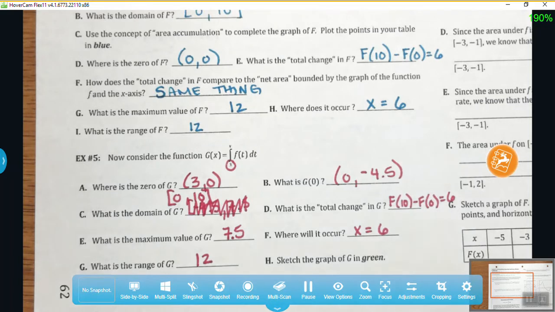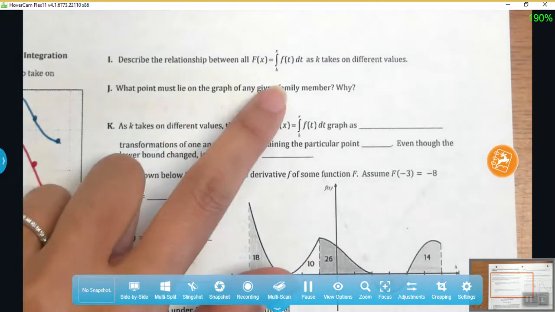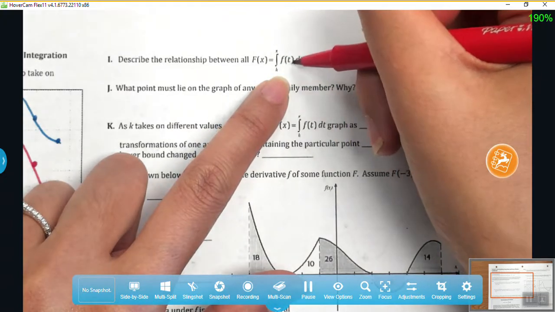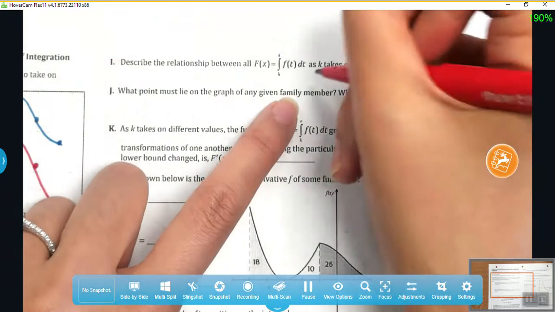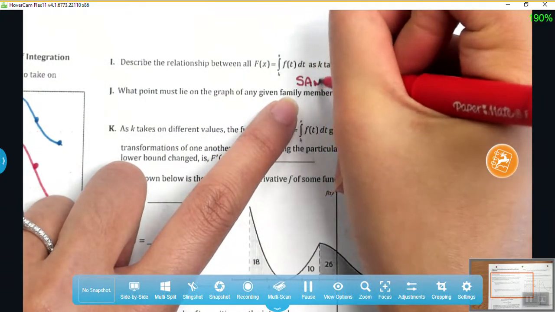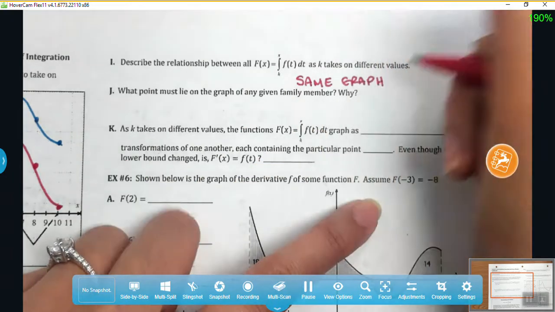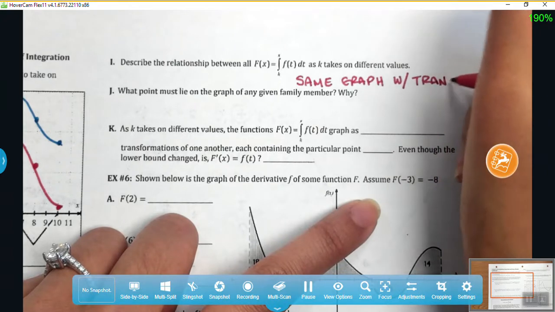Okay, so to summarize, the relationship between all f of x equals the integral from k to x of f of t dt, as k takes on different values, is it's the same graph with a transformation, right?